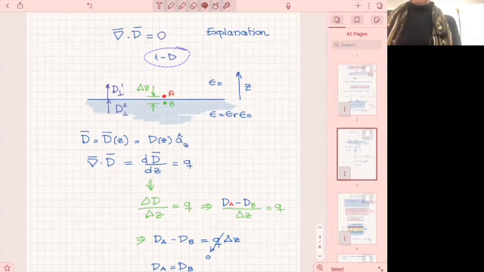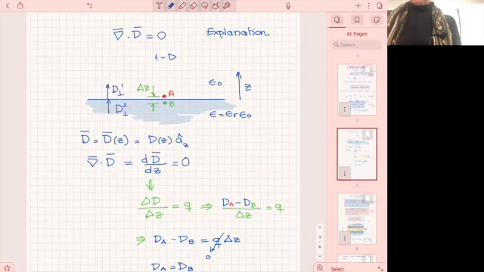This implies that Gauss's law translates into this one, where this is 0 since we don't have charges. So as you go through the interface without charges, the derivative of D with respect to Z has to be 0.